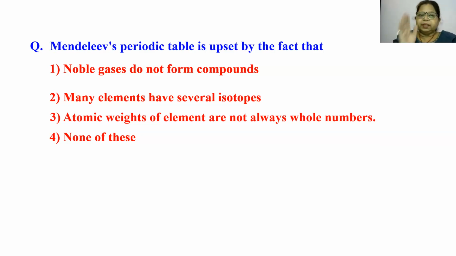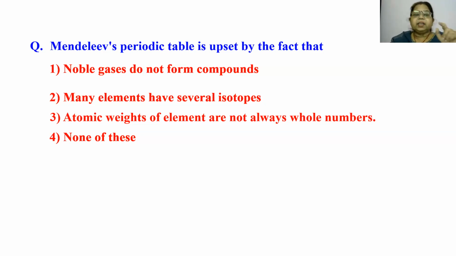See, Mendeleev, for this question, we just have to recall that the Mendeleev periodic table is based on the atomic masses we know, and the second part which we consider is the similarity in properties. So noble gases do not form compounds, that doesn't bother him. More importantly, noble gases were not known at that time.